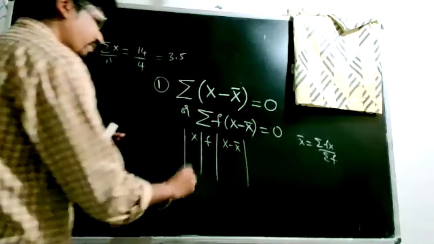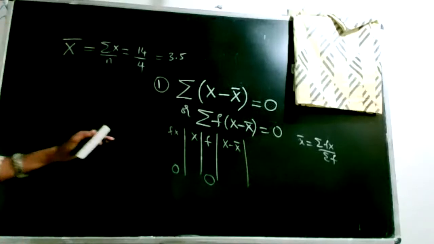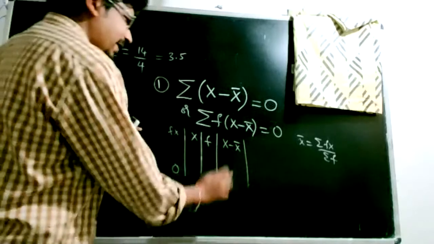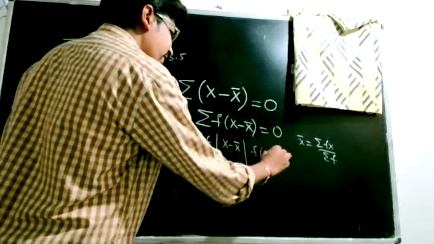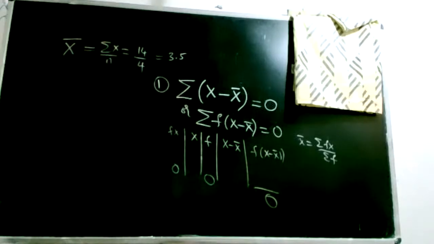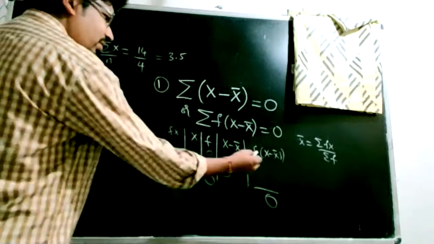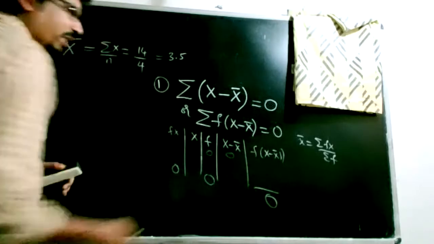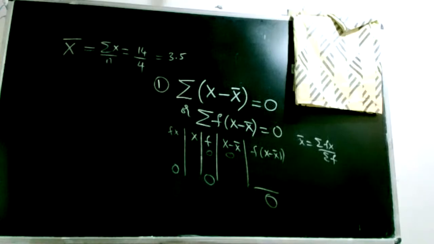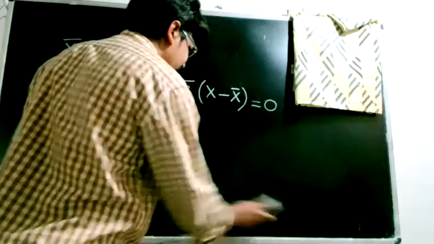So compute fx and obtain the arithmetic mean using the total fx and f. Then you subtract x minus x bar, do f into x minus x bar, and you will observe that the total is equal to 0 because f indicates the number of repetitions. So you have to obtain the repetitions for x minus x bar, then only you will get the total 0. So this is the first property of arithmetic mean.